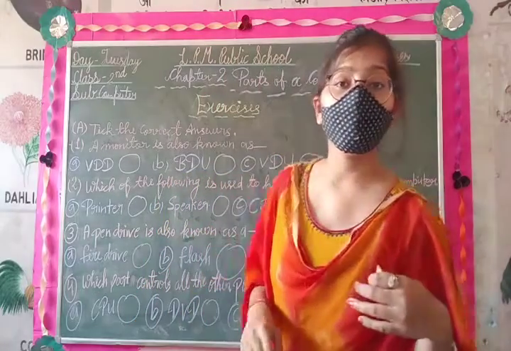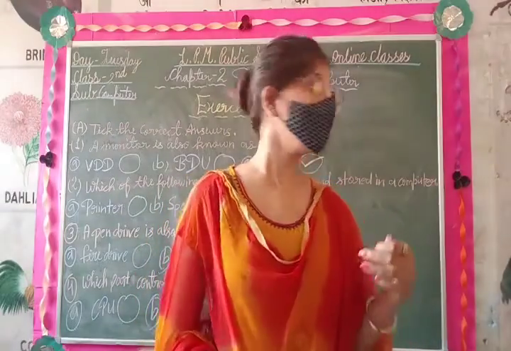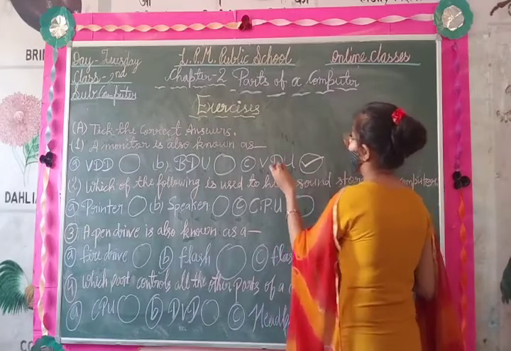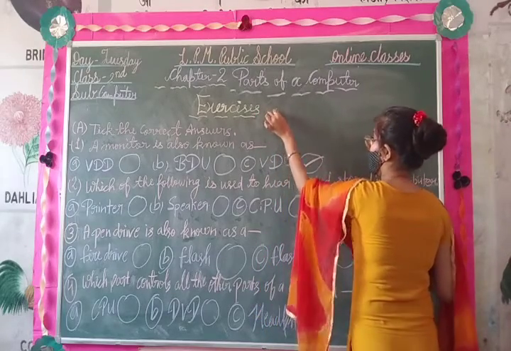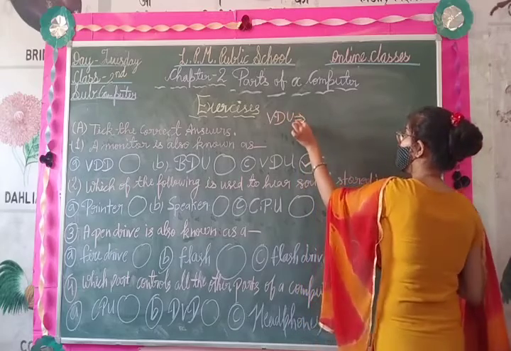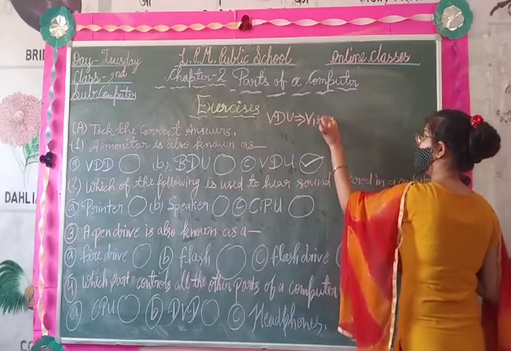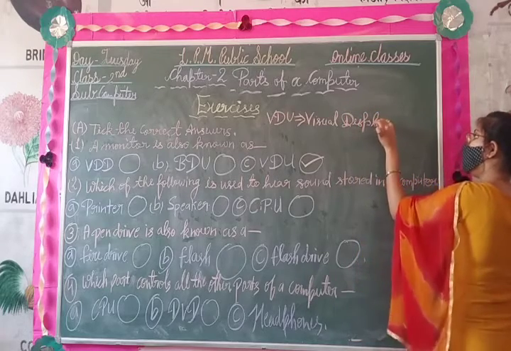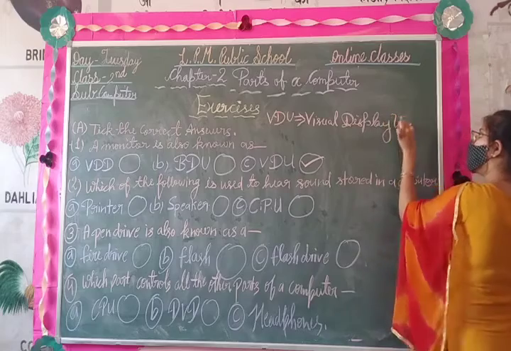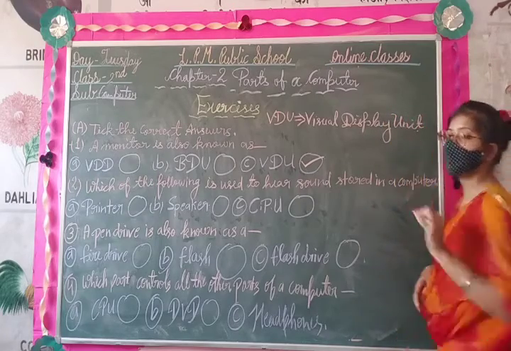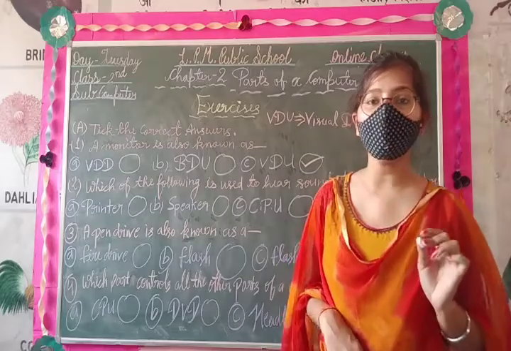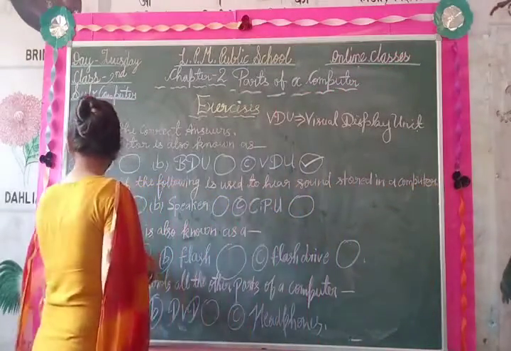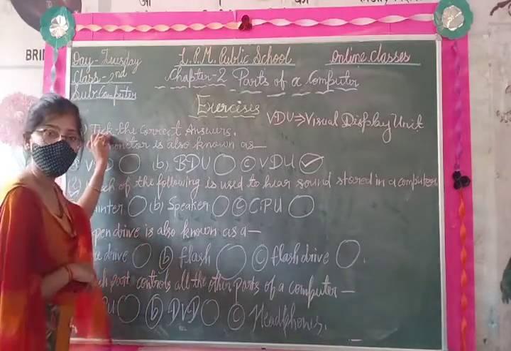So student, do you know what is the full form of VDU? It's visual display unit. So student, now you can say what is the full form of VDU? It's visual display unit.